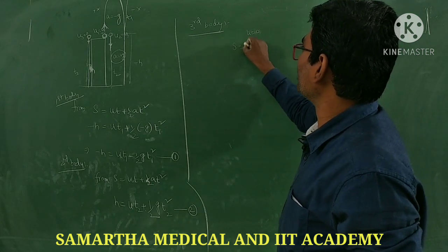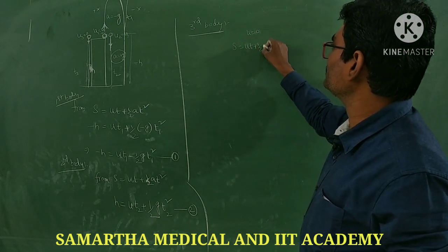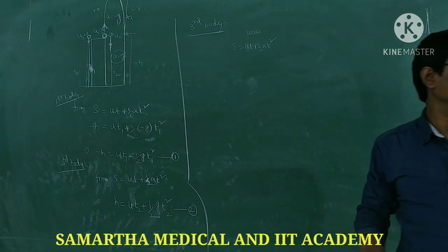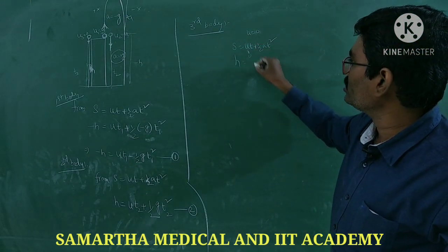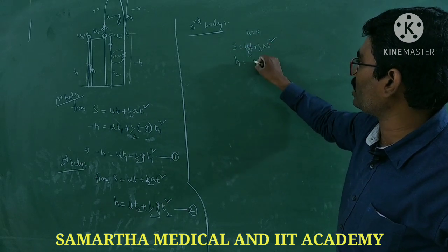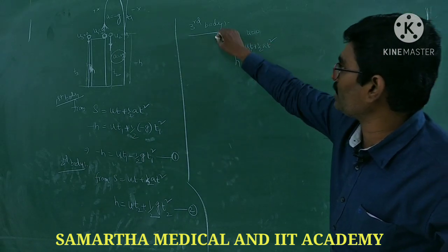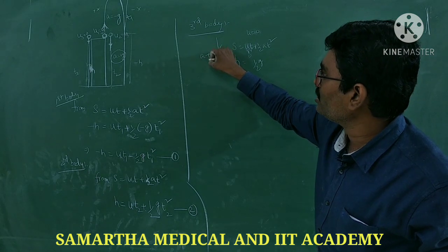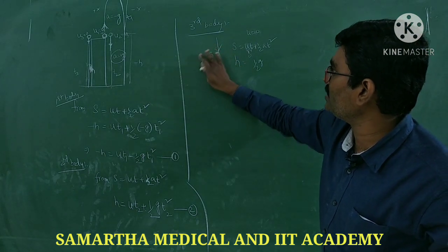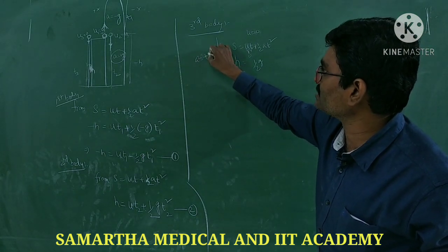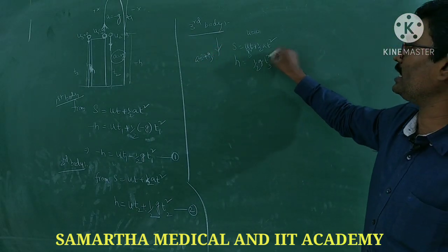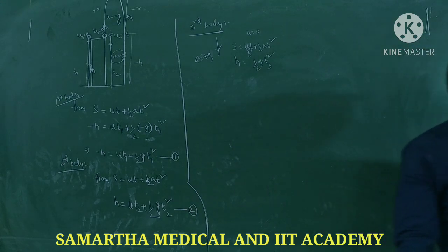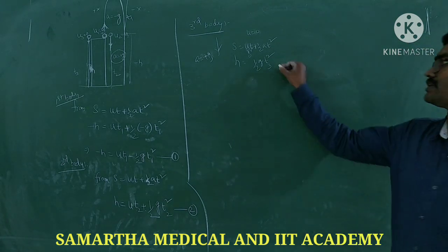So from s equal to ut plus half at square again, s is H, and u is 0, so this term becomes 0. While it is coming downward, a equal to plus g. So H equals half g t3 square, where t3 is the time taken. Clear? This is equation number 3.